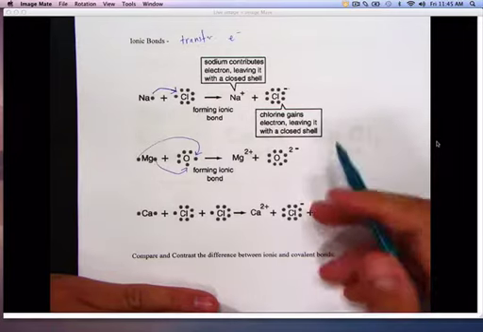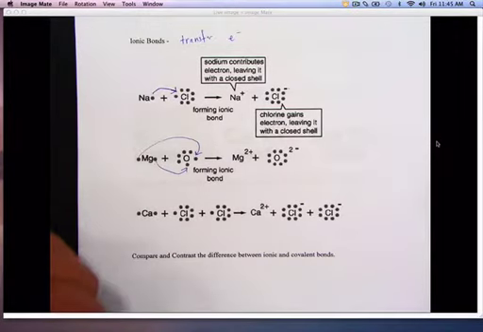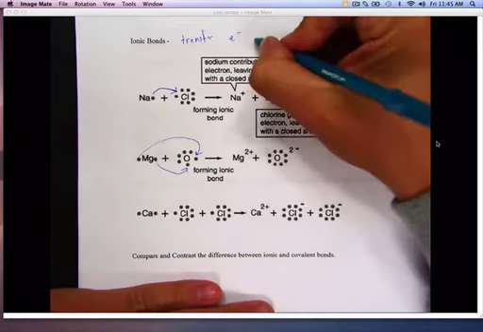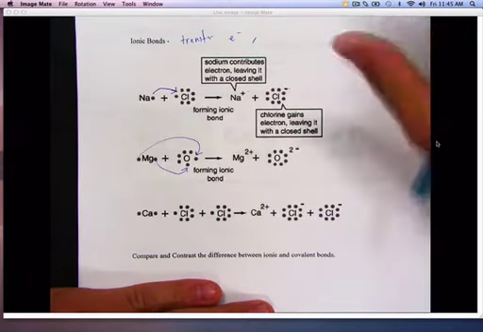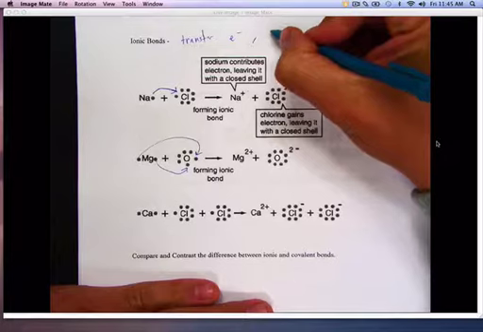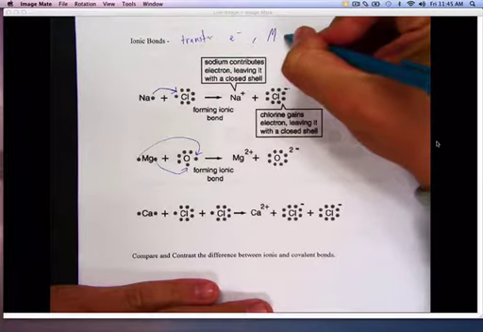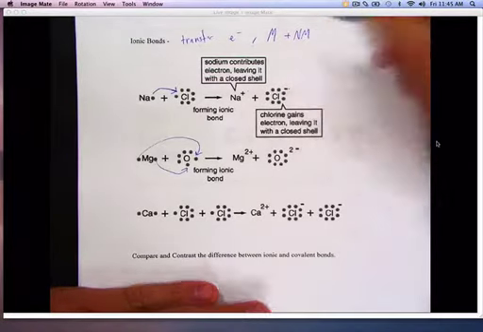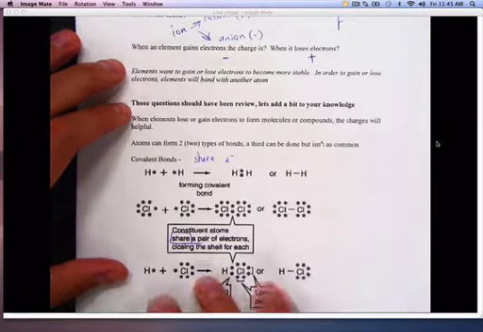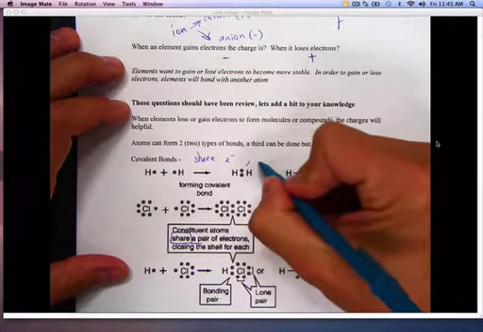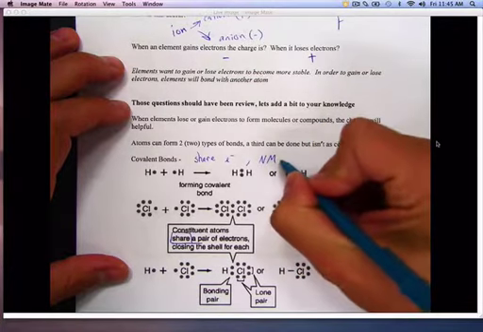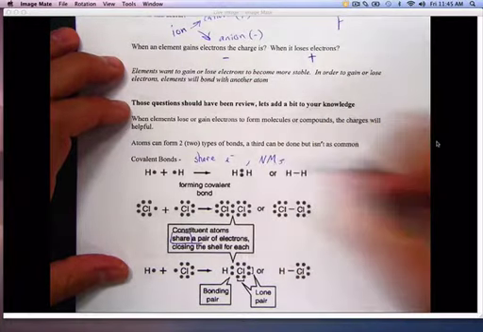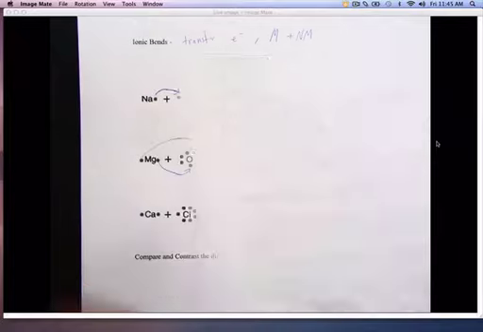They're held together by the attraction of the positive and negative charges. Generally speaking, not always, but generally, ionic bonds are going to be between a metal and a nonmetal. Whereas covalent bonds, where they share electrons more, are usually going to be between nonmetals. Usually, not always, but usually.